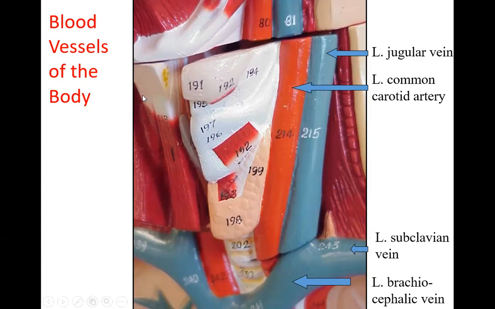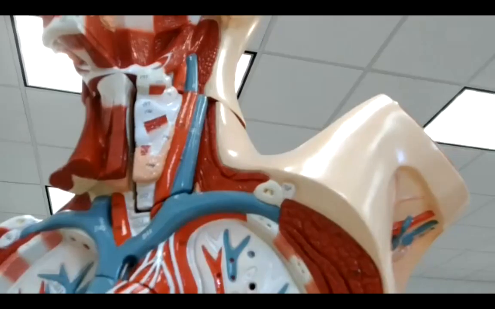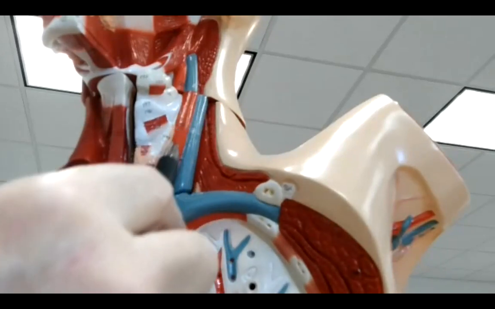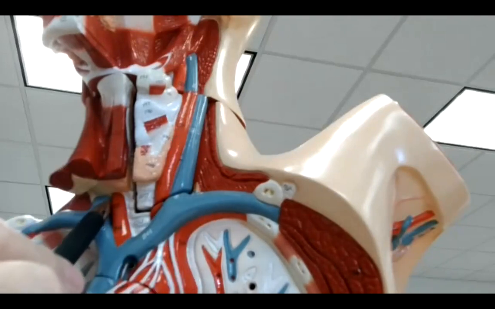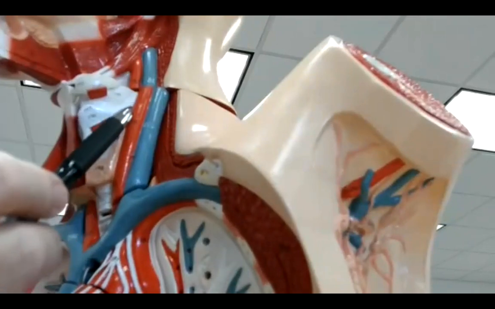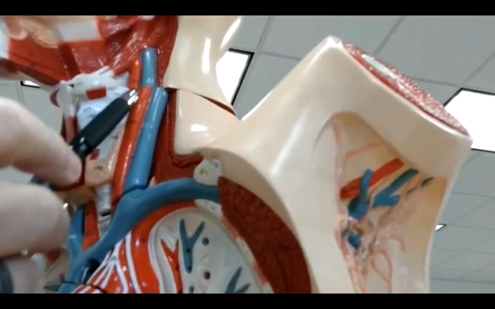And if you look at the torso, here is the carotid artery here and over here, and where our carotid sinus is located is somewhere right about here.